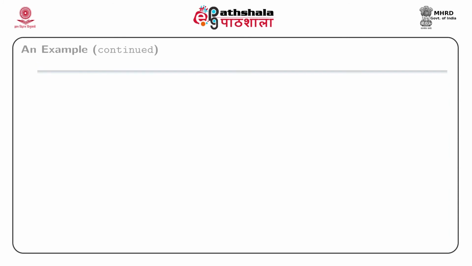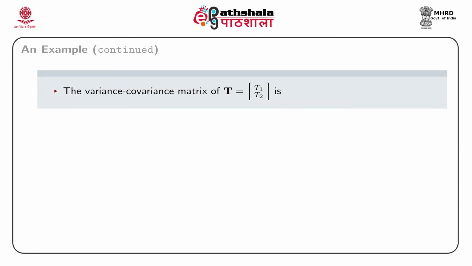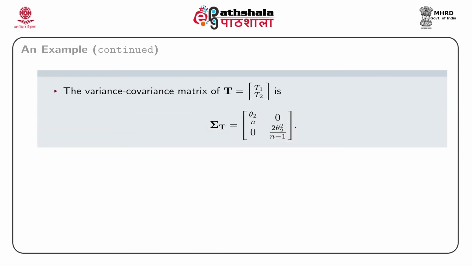Hence, the variance covariance matrix of T is given by sigma T, a diagonal matrix whose diagonal elements are theta 2 by n and 2 theta 2 square by n minus 1.